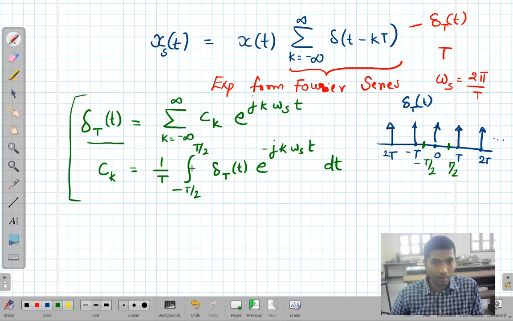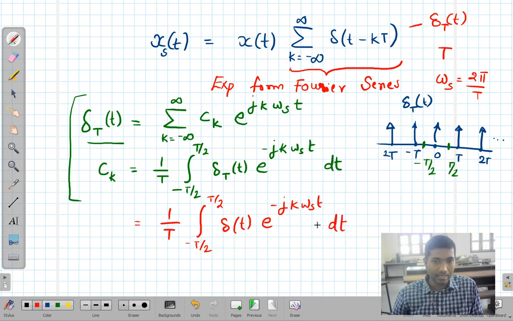What is the signal from minus T by 2 to T by 2? δ_T(t) is the impulse train, but for the range from minus T by 2 to T by 2, it is just the unit impulse, right? So I can write this as 1 by T, integral from minus T by 2 to T by 2 of δ(t), because for that range it is just the impulse signal, e raised to minus j k ω_s t dt.